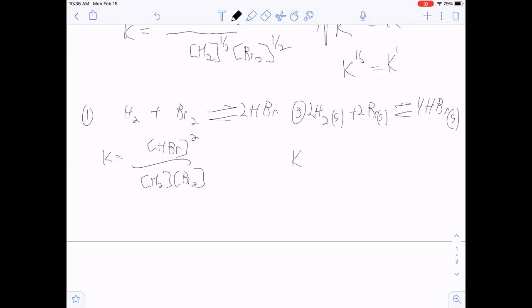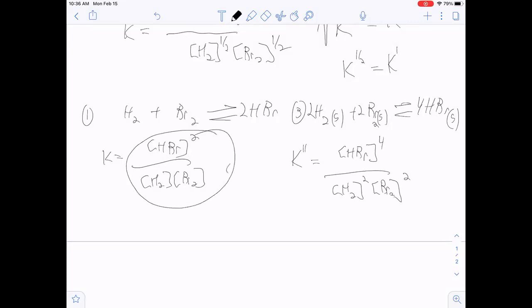So my expression, I'm going to call this K double prime, would be this. So how would K and K double prime relate to one another? Well, what would I have to do to this expression to turn it into this expression? I'd have to square that whole thing. If I'm going to square one side, I'm going to have to square the other side.